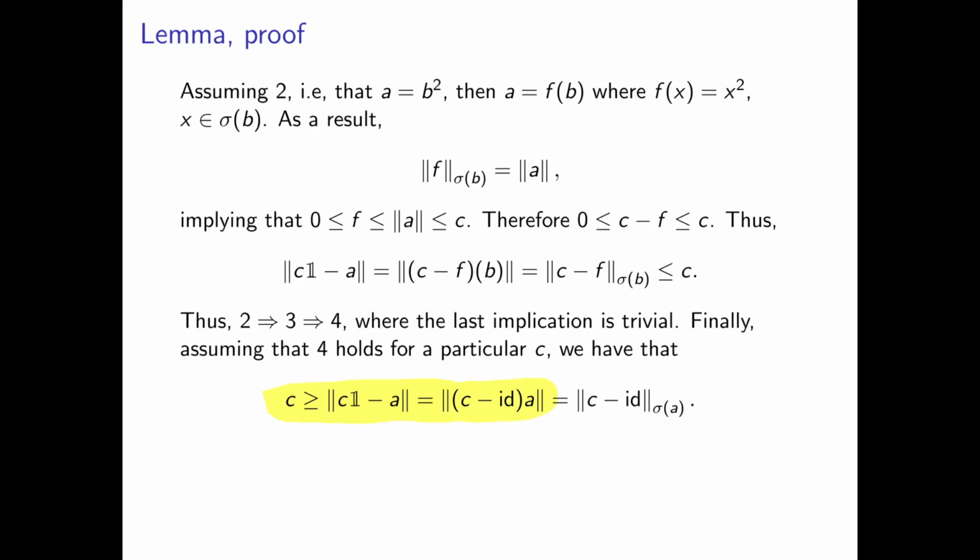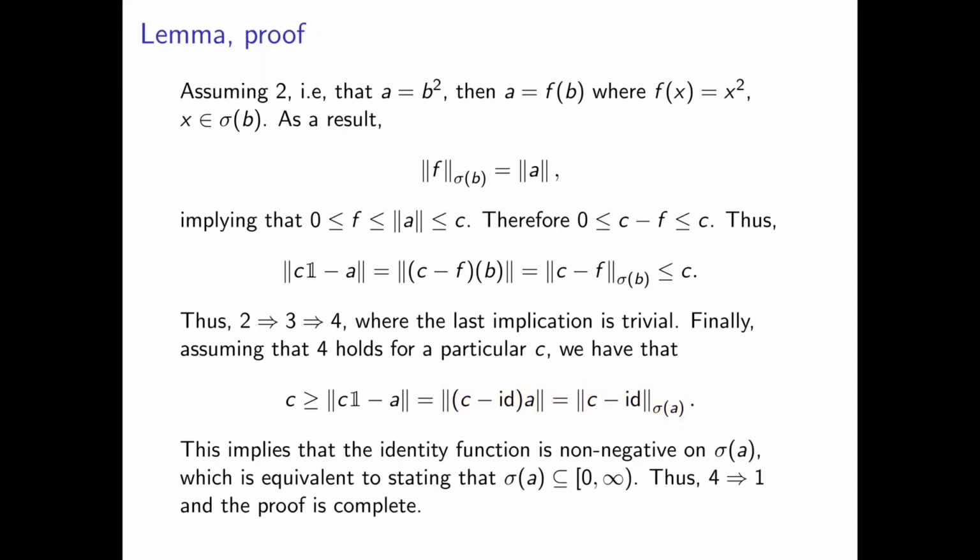Once again, we think of C here as the constant function, and the identity function applied to A is of course A. So C times 1 minus A is just the function C minus the identity function applied to A. And due to the Gelfand transform or the continuous functional calculus, whichever way you want to see this, that is equal to the norm of C minus the identity function on the spectrum of A.